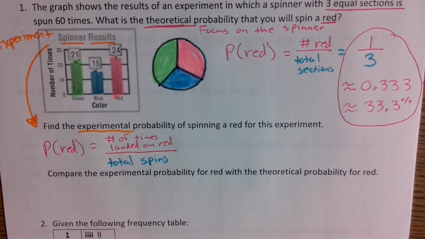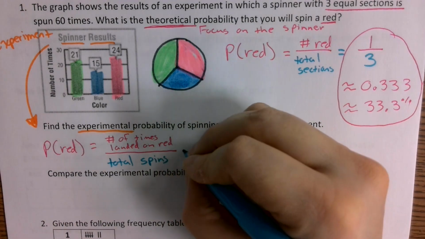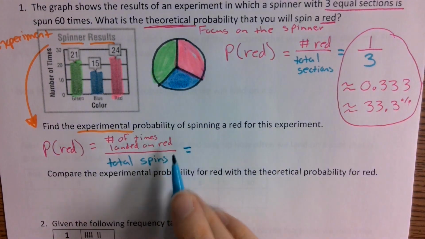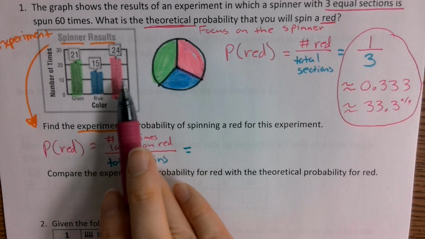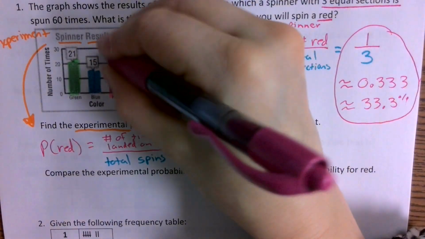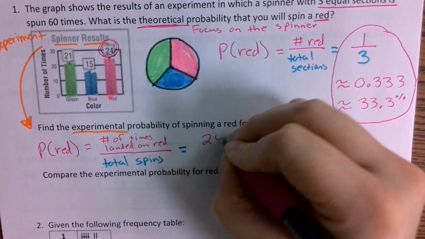Not the number of sections, not the number of colors, but the total number of actual spins that happened. So, how many times did we land on red? Look at your table. How many times did we land on the red? 24. We landed on red 24 different times.